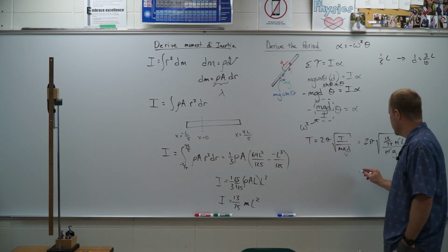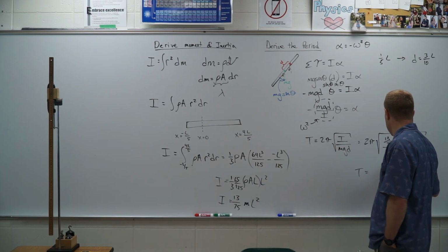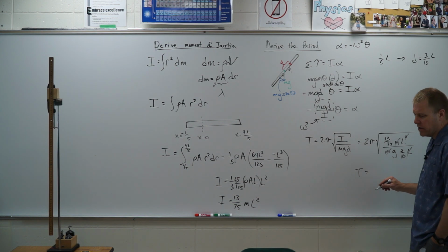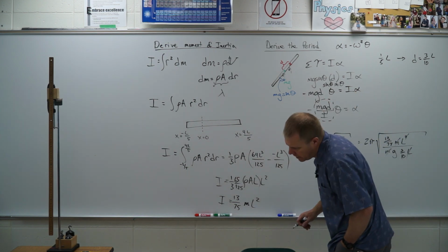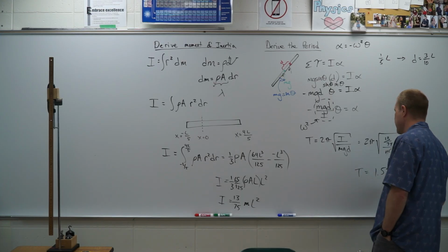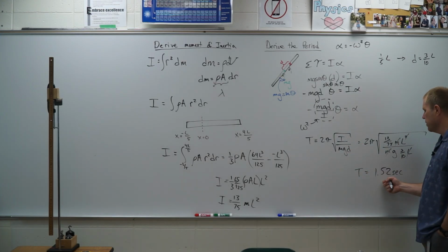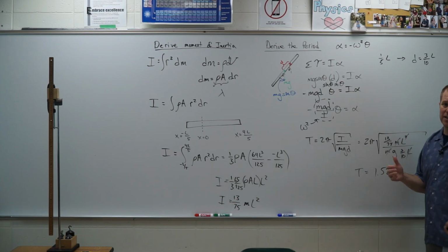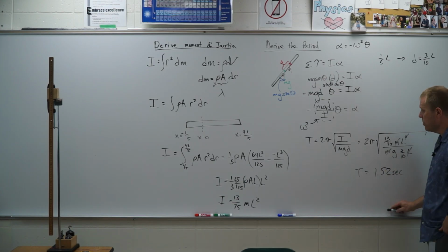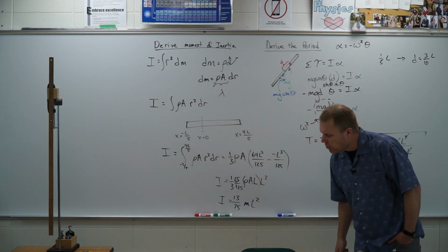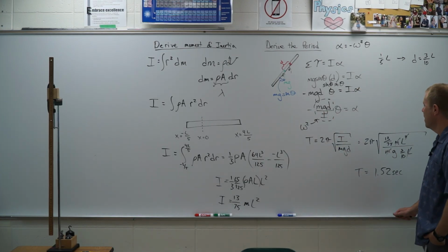When I plug in an L of 1, g of 9.8, because we are still here on Earth, I get 1.52 seconds. When I was doing my timing, I got 1.5, 1.53, which is remarkably close considering the air and the human timing. If you did it for the 1/3, you should get 1.64 seconds.